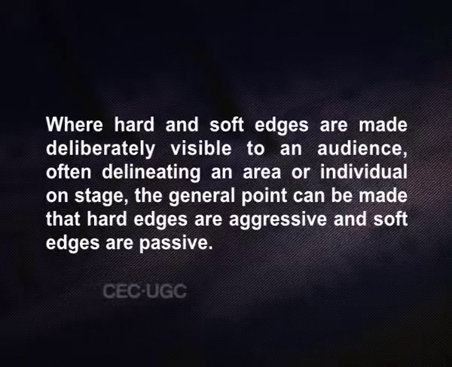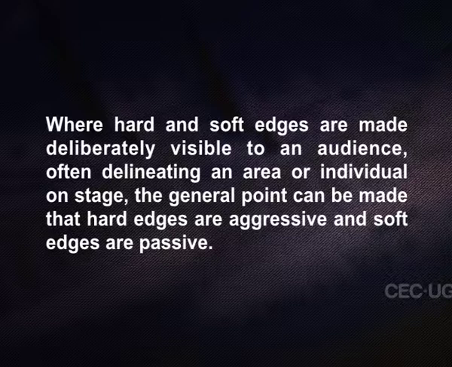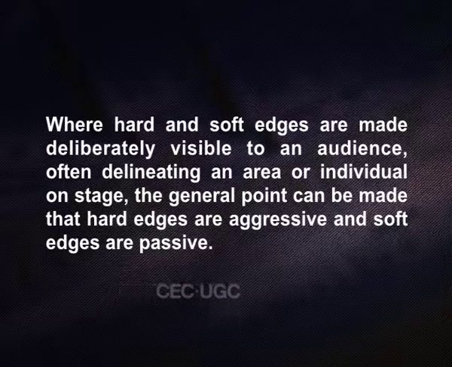In these cases, the shape of the edge of the beam of light becomes merely functional, not seeking to communicate anything to the audience. Where hard and soft edges are made deliberately visible to an audience, often delineating an area or individual on stage, the general point can be made that hard edges are aggressive and soft edges are passive.